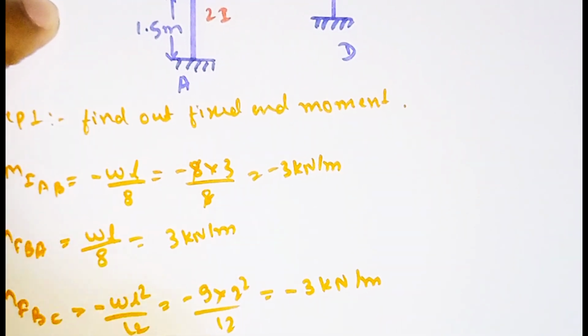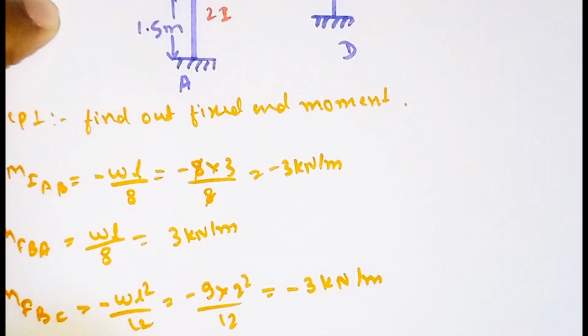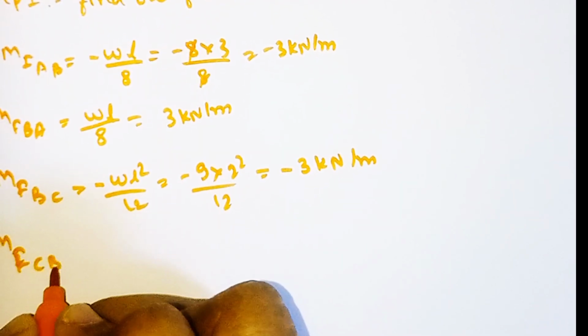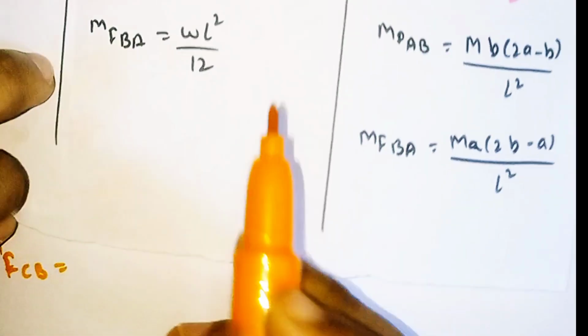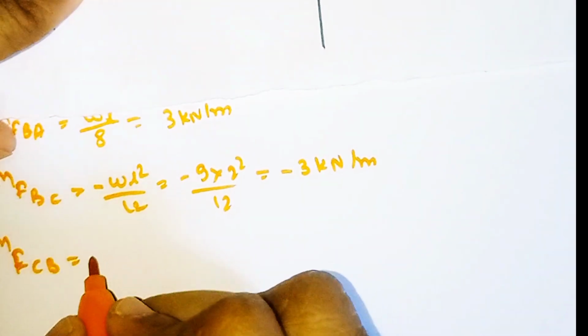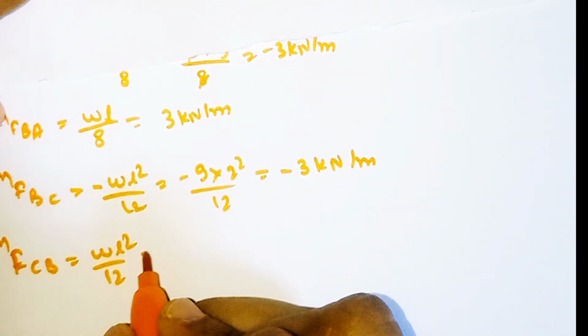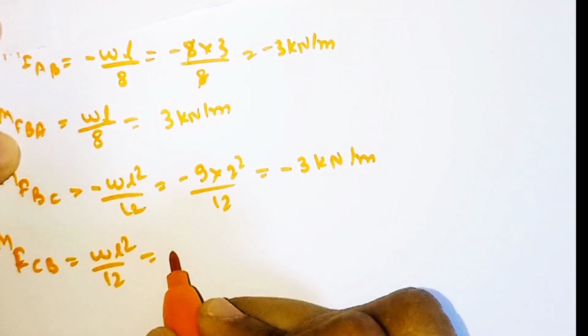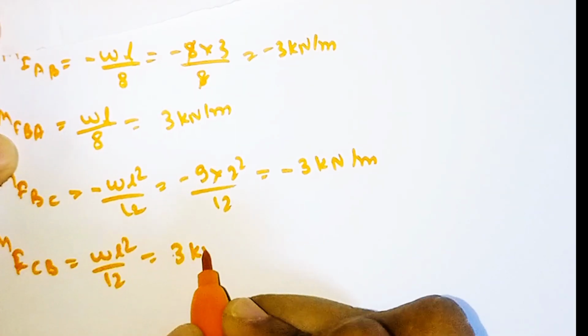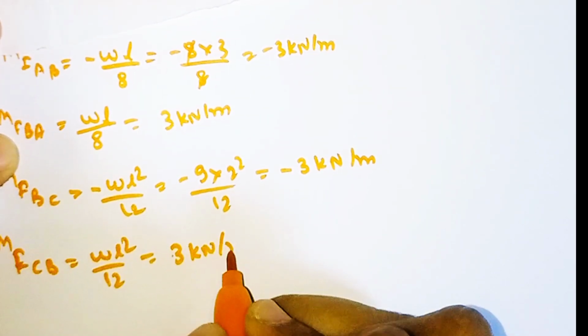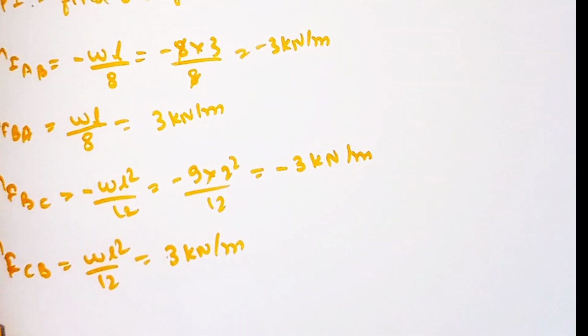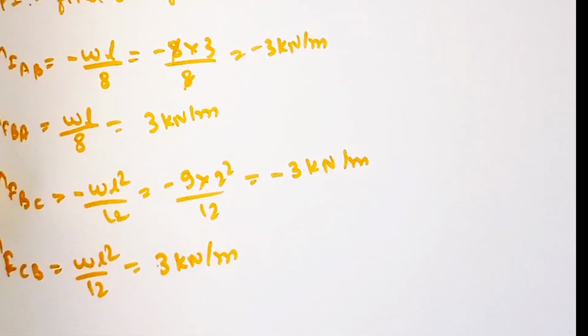Similarly for span CB, MFCB is equal to WL square divided by 12, only the sign changes. So the answer comes out positive, that is 3 kN-m. And this is for span CB.